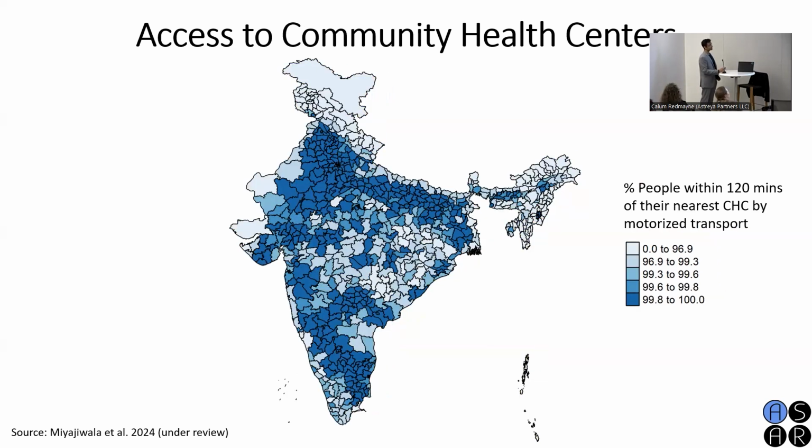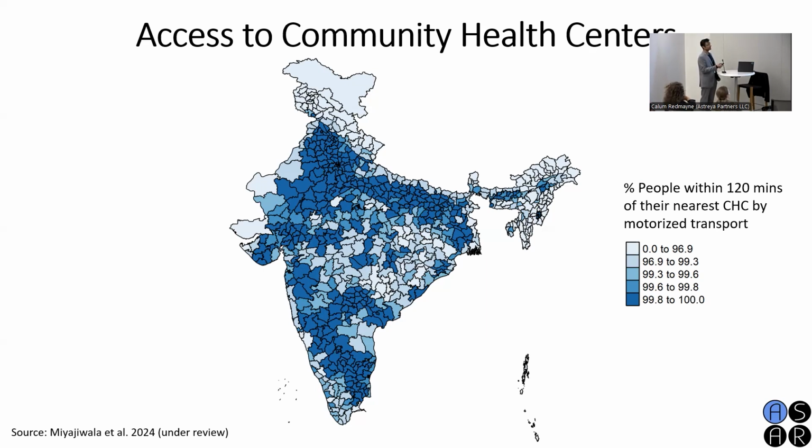All right, moving to secondary level of care. And this looks really different, right? So now we are looking at how many people can reach the nearest community health center within 2 hours by motorized transport. A huge asterisk here, well, two asterisks here are, one, we are assuming optimal travel speeds, which is not a realistic assumption to make.